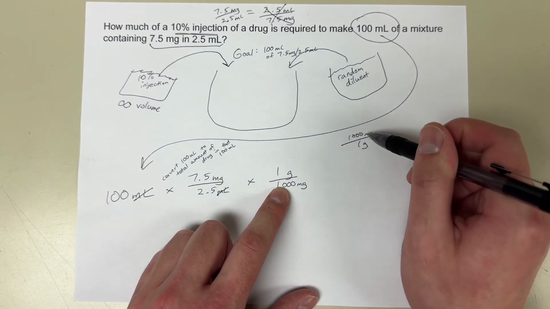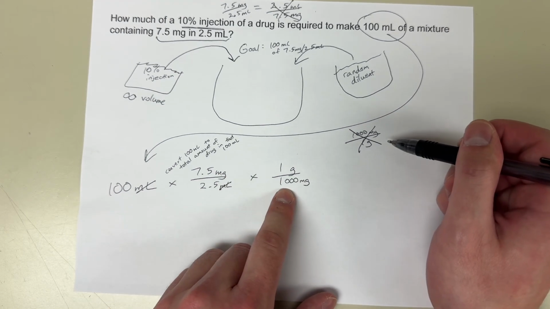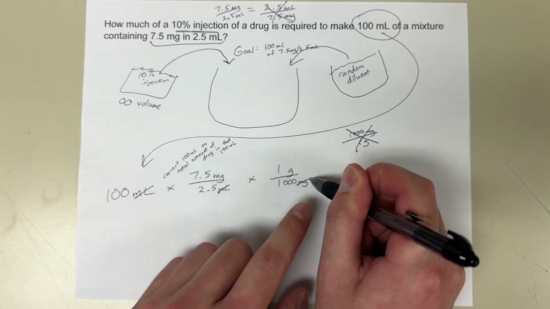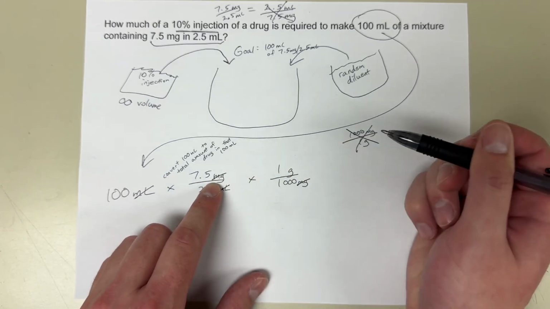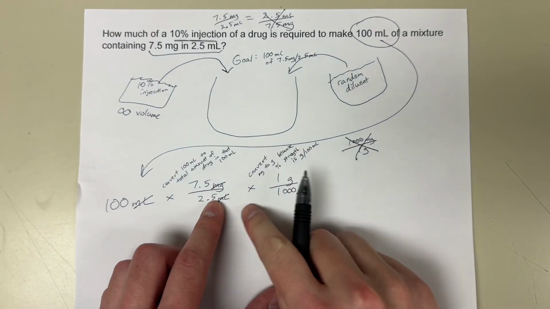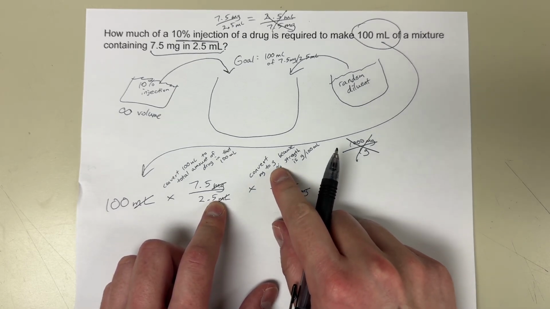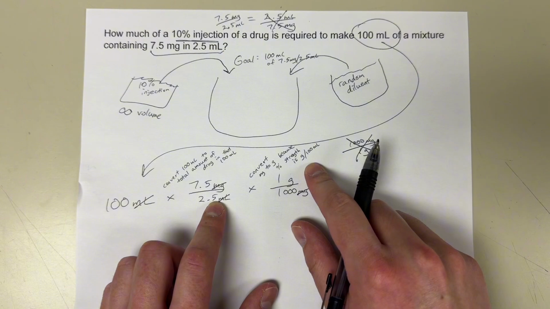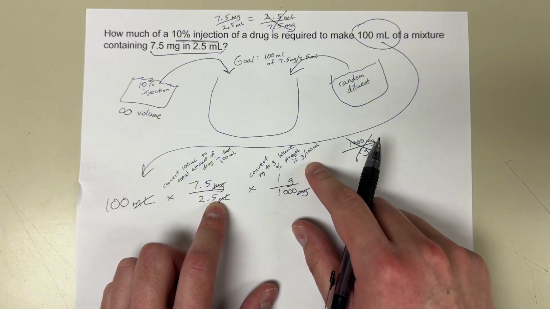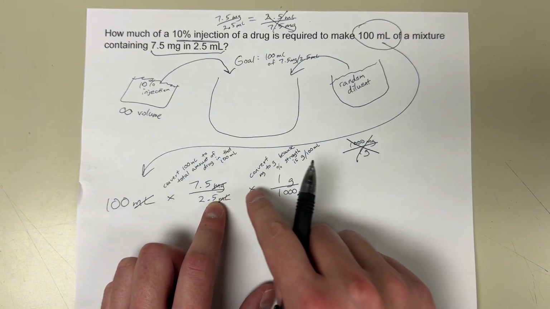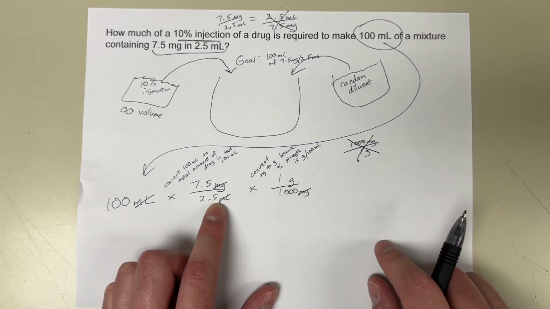But I know not to use this one and to use this one because I want milligrams in the denominator here to cancel out milligrams here. So for this part of our calculation, I'm converting milligrams to grams because percent strength is always grams per 100 milliliters. That's what I'm doing here, just converting this amount of drug to grams.